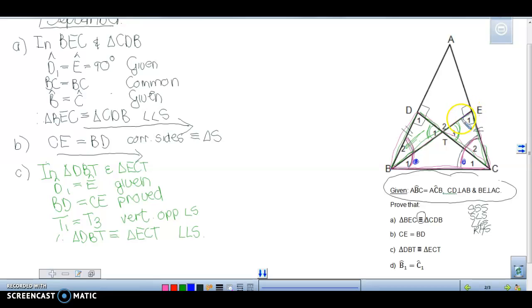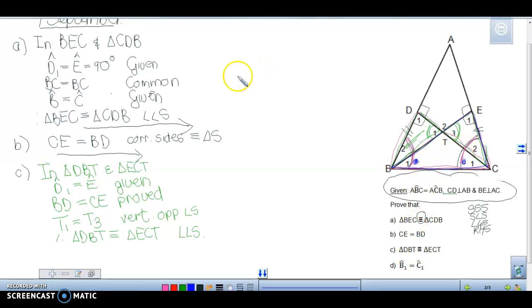It's part of triangle EBC or BEC. Can you see that? And angle C1 is part of triangle ECB or BDC. And what did we do in the first one? We proved that BEC is congruent to CDB, which means that all corresponding angles in these two are equal.